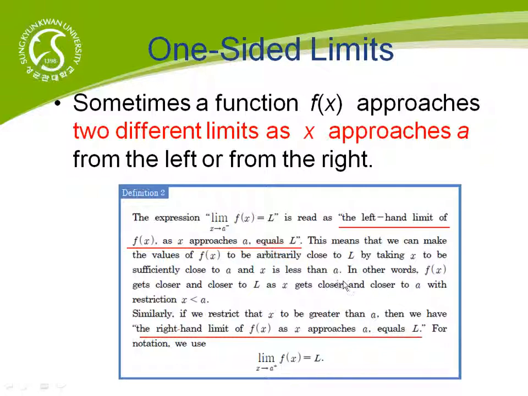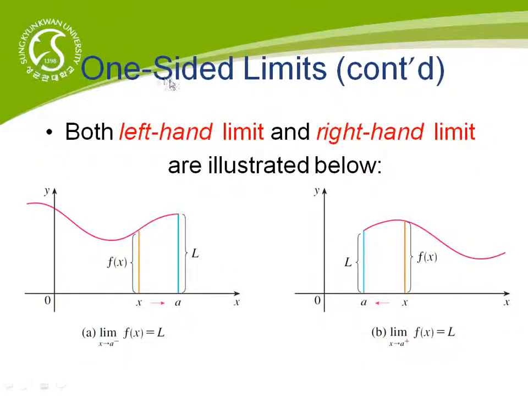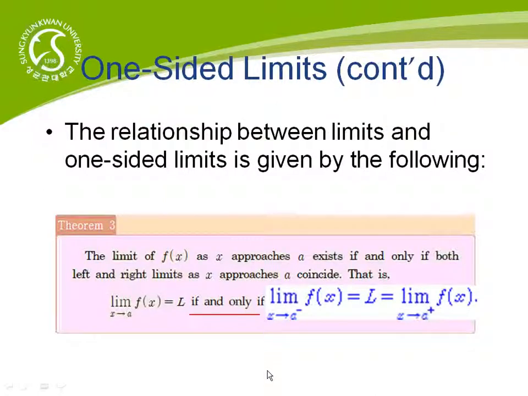This is the notation. Both the left-hand limit and right-hand limit are illustrated below. In graph A, we are considering the left limit. In graph B, we are thinking about the right limit of f of x as x approaches a plus. That's the notation.